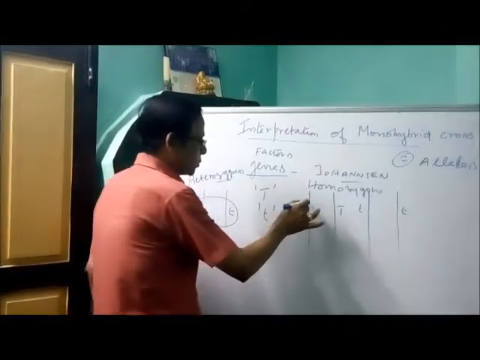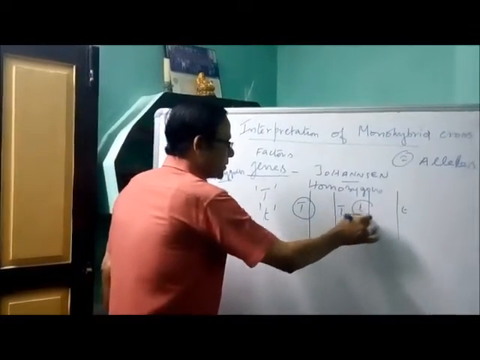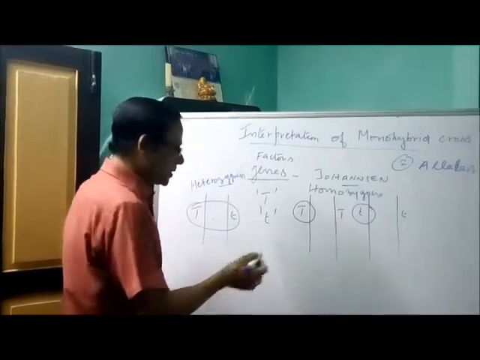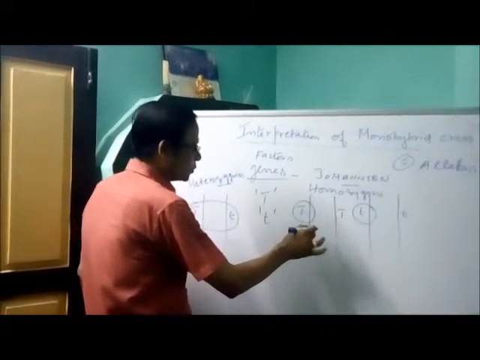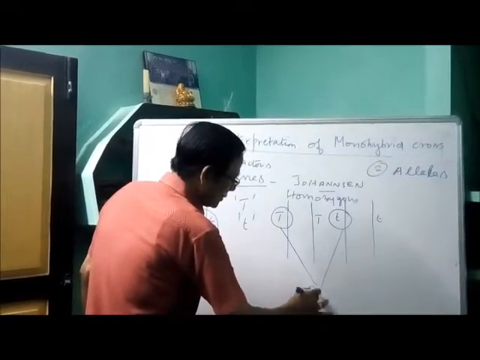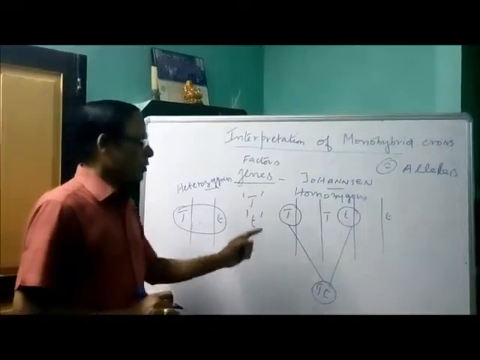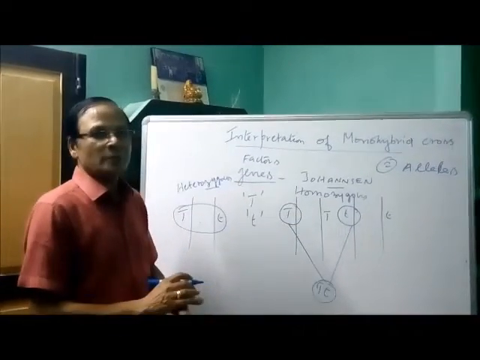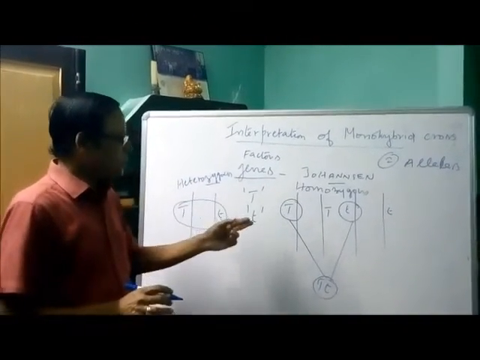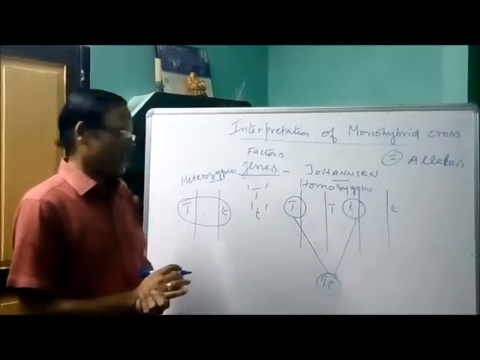One allele is contributed by one parent, another allele is contributed by the other parent. So in the F1 generation, one allele is from this parent, another from this parent, so that we are getting the heterozygous condition. So these two are called alleles, as I mentioned already, contrasting pairs of factors.